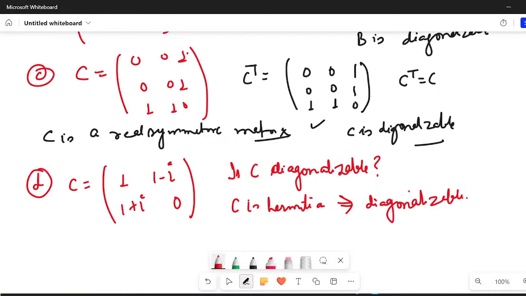Now let us try to do a few more questions and properties regarding diagonalizability.